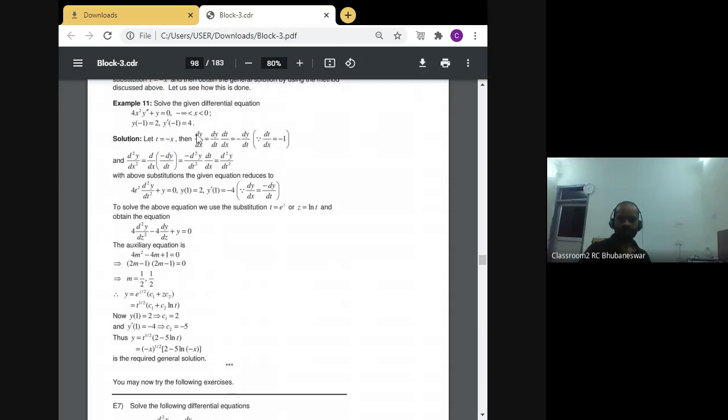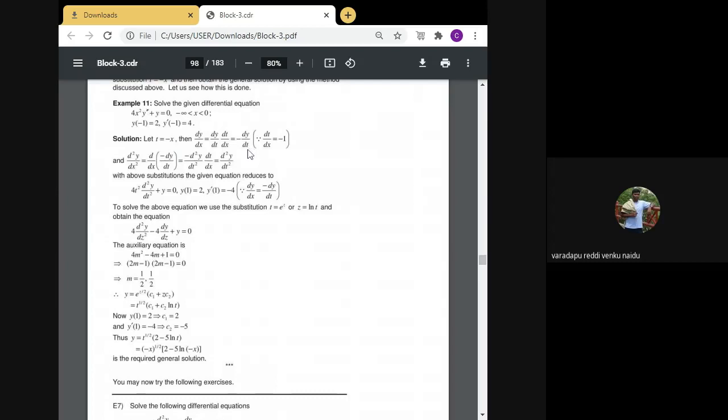Then dy by dx can be expressed by the chain rule as dy by dt into dt by dx. From the relation t equals minus x, the derivative of t with respect to x is minus 1. So after using this value, dy by dx will be minus dy by dt.